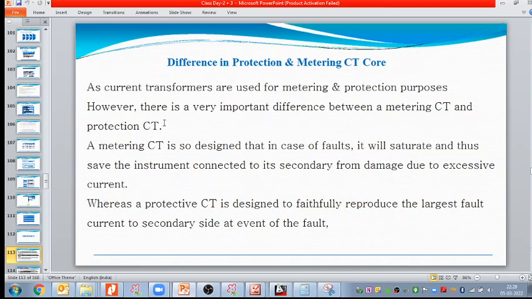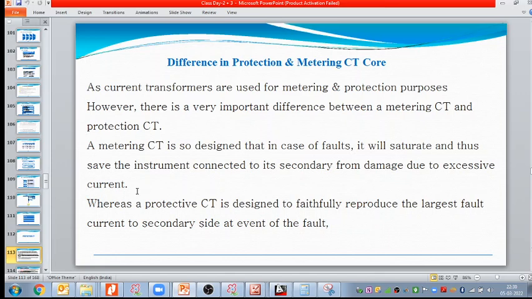However, there is a very important difference between the metering CT and the protection CT. The metering CT core is so designed that in case of a fault it will saturate, and thus save the instrument connected to its secondary from damage due to excessive current.